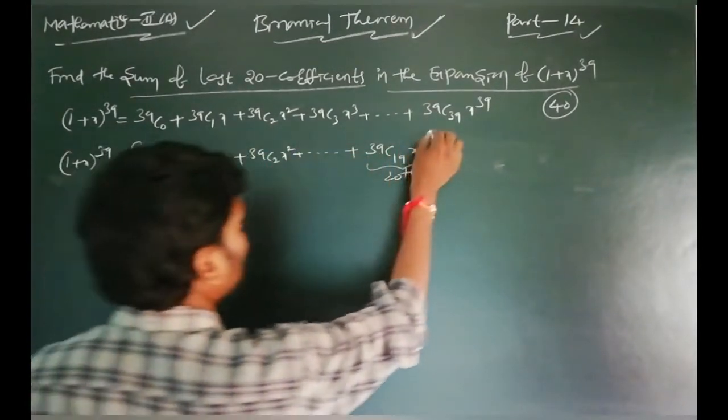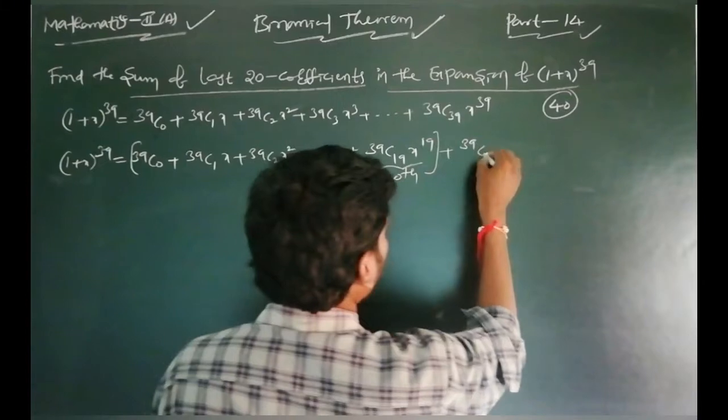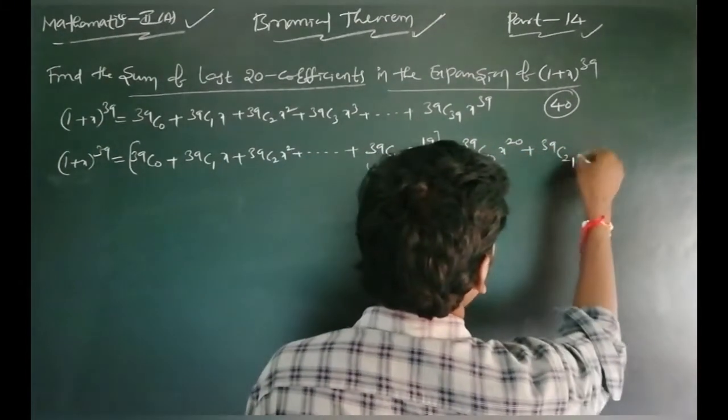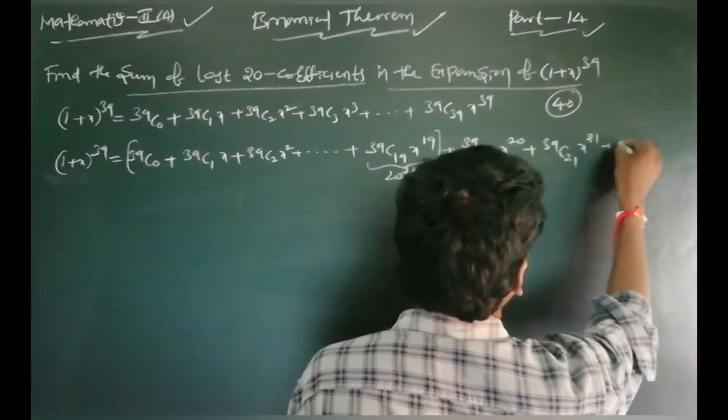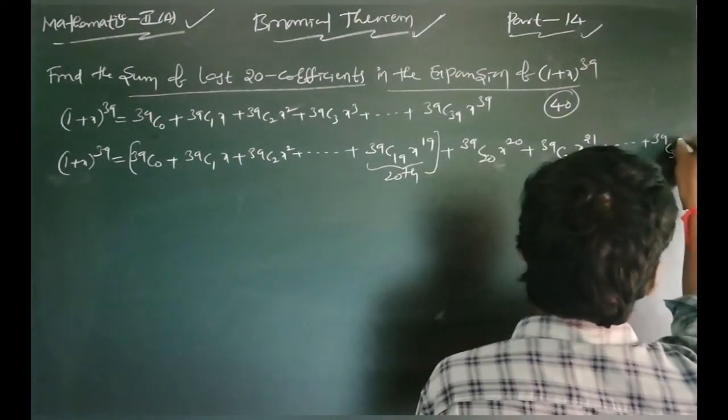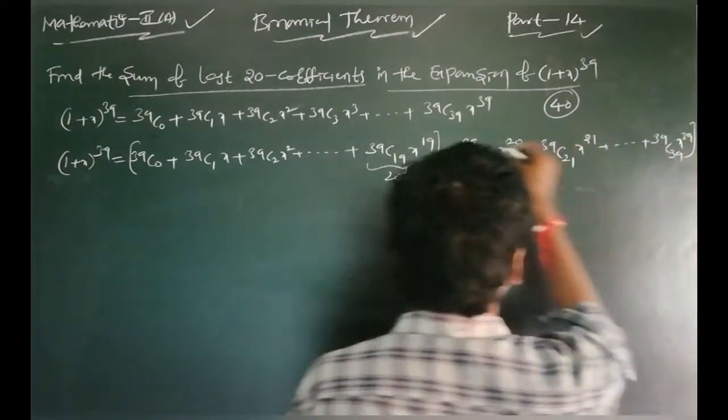First 20 terms completed, plus 39C20 x^20 + 39C21 x^21 and so on, up to the last term 39C39 x^39.